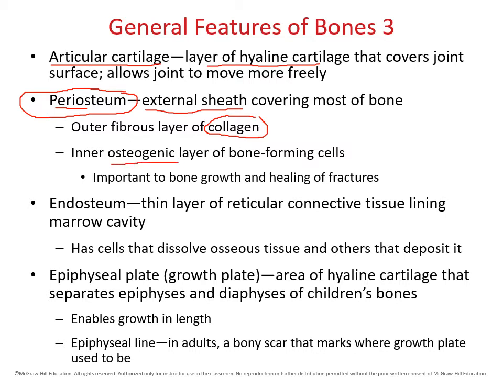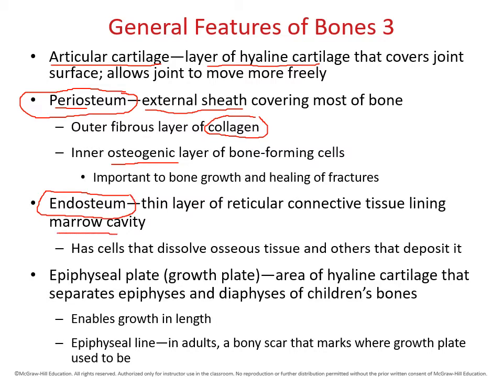Now, osteogenic cells basically indicates that these are going to be cells that allow us to build up the bone and form it and obviously remodel if needed. We're going to talk about that term in a little bit when we start looking at the different bone forming cells that your body has. The endosteum is another membrane that we find in the shaft region, but this is going to be in the internal part.